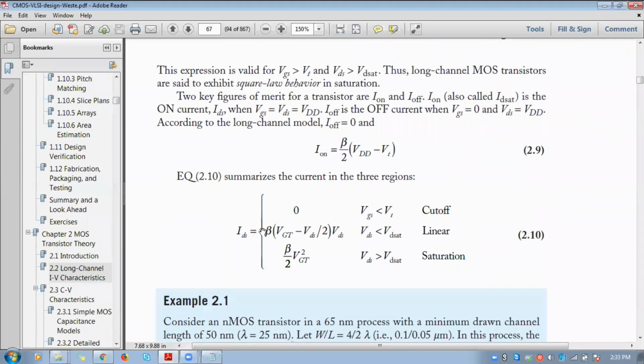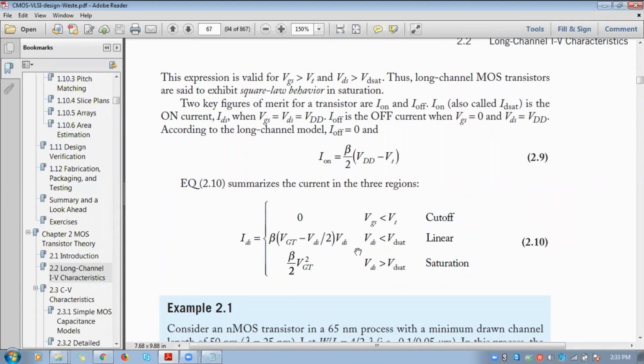This minus is coming here. Here, instead of VDS you will be putting minus, right? So minus beta into VGS minus modulo VTP plus VDS by 2 into VDS. In the saturation region, the equation will become beta by 2 into VGS minus modulo minus VTP, the whole square.